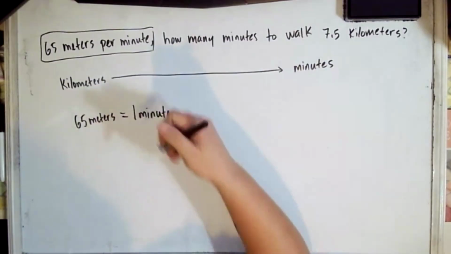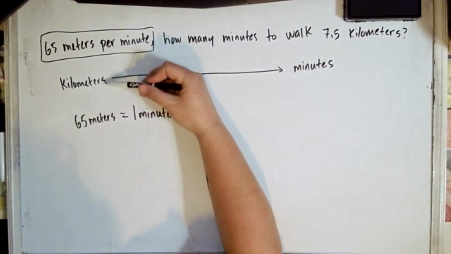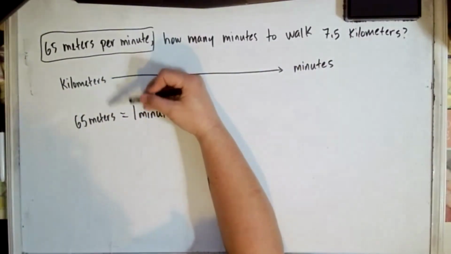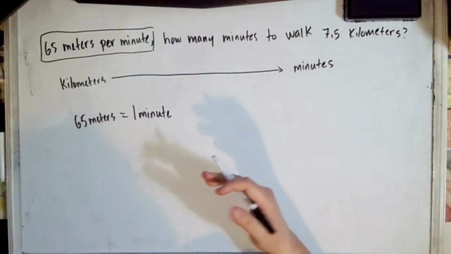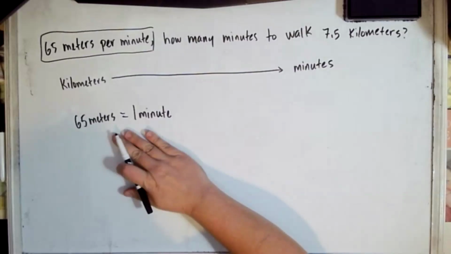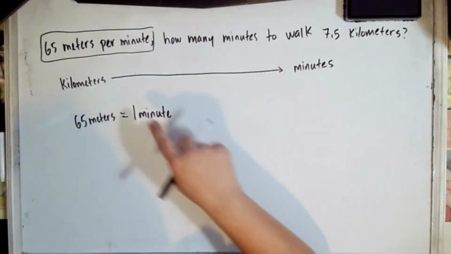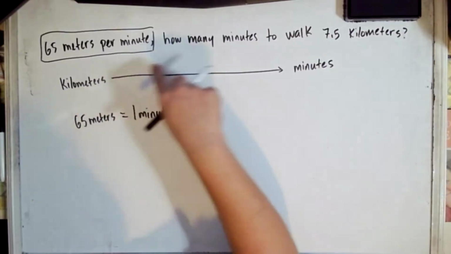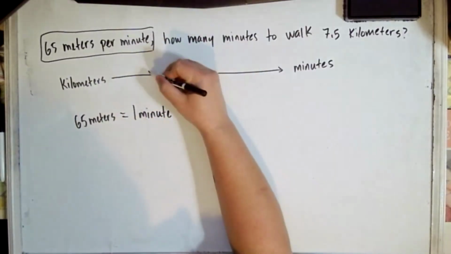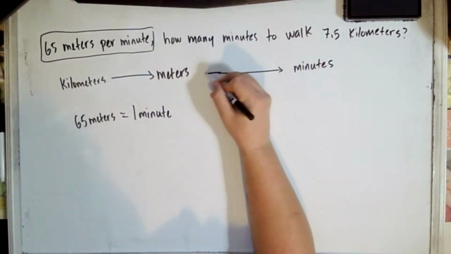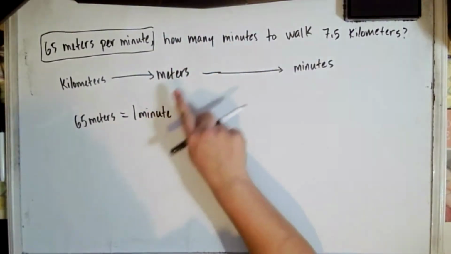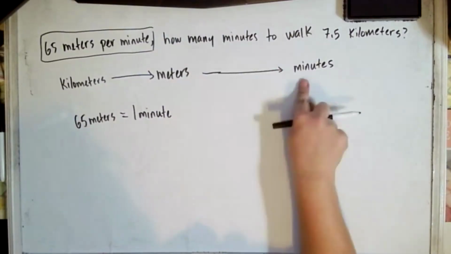That's good. But we have meters here and we have kilometers here. So that's a mismatch. So we have to make these things match before we can use our conversion factor. So our first step here is going to be to take our kilometer value and turn that kilometer value into meters. And then once we do that, we can use our conversion factor and we can convert our meters into minutes.